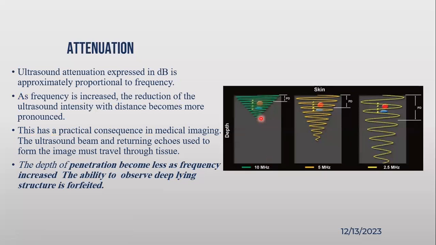If you want to make an image of something deep here, you will send ultrasound with a long wavelength. If you want to image something close to the skin, you will send ultrasound with a short wavelength, or let's say high frequency.